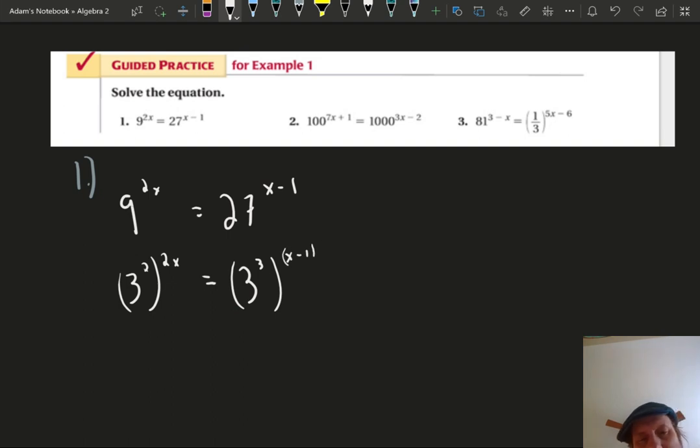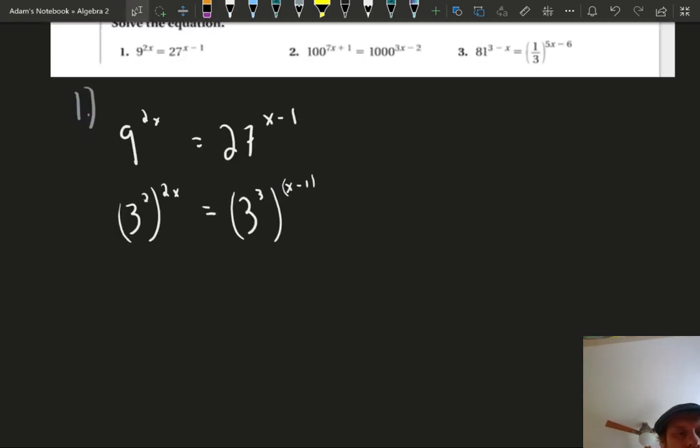And then you could say, okay, let's simplify this. We know that 2 times 2x is 4x, so it's going to be 3 to the 4x equals 3 to the, and then you would distribute: 3 times x is 3x, and 3 times negative 1 is negative 3. And then you would say, oh, okay, I have the same base.